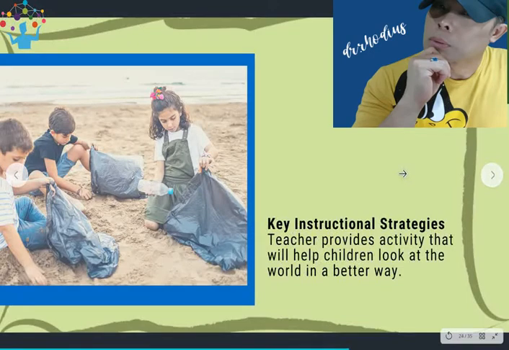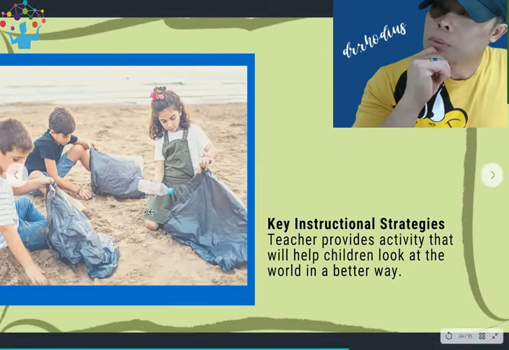The teacher provides activities that will help children look at the world in a better way. Looking here in the picture, it's like when you're talking about science. Science is not only about what's happening in the classroom, but when the children step out of the classroom, they become more sensitive. They become more open-minded to what they see.